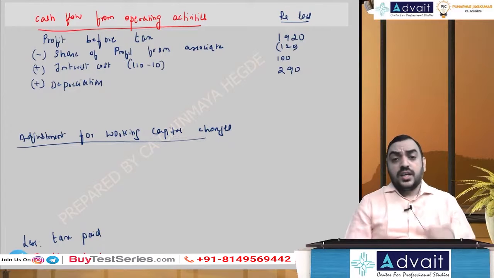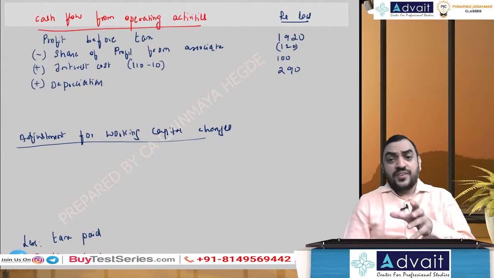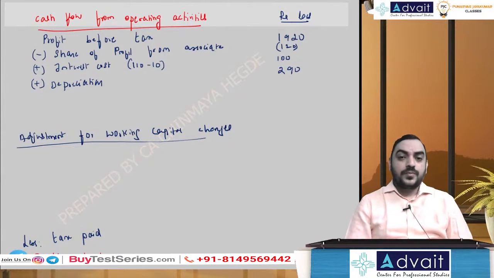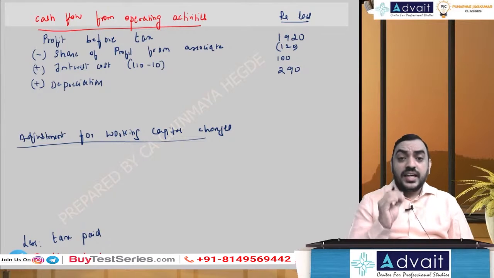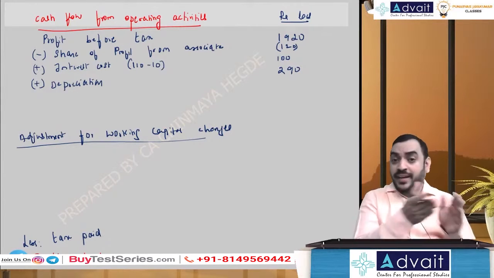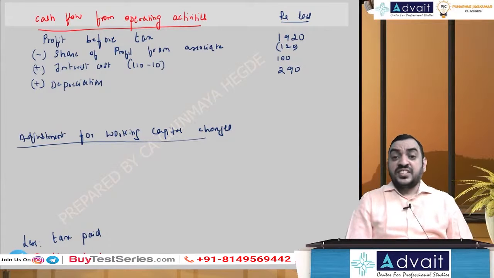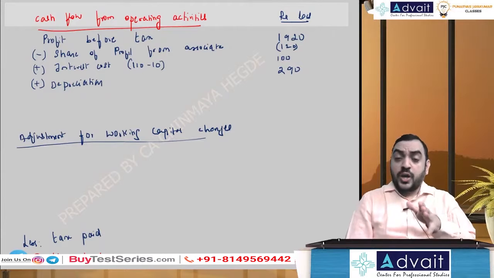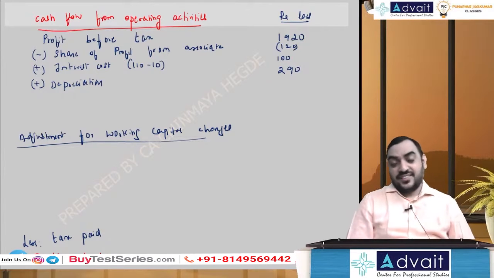Then disposal. Disposal means we would have taken either a profit or loss to the P&L account. They are not told specifically, but we need to calculate. If it was a profit, we need to subtract because it would have been added earlier. If it is a loss, we need to add back because it would have been subtracted earlier.